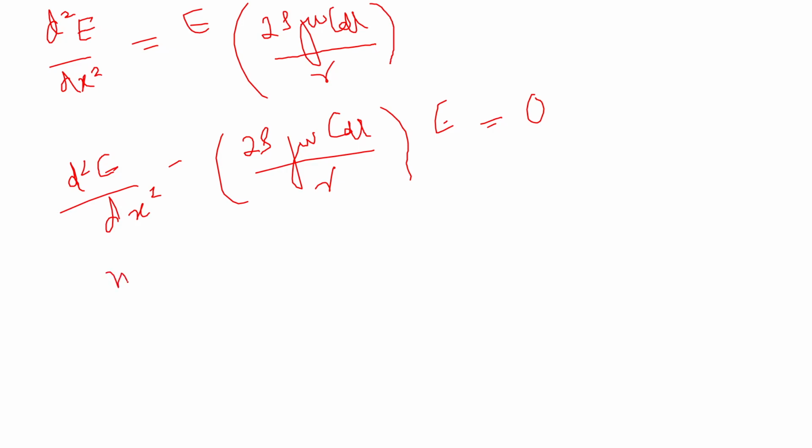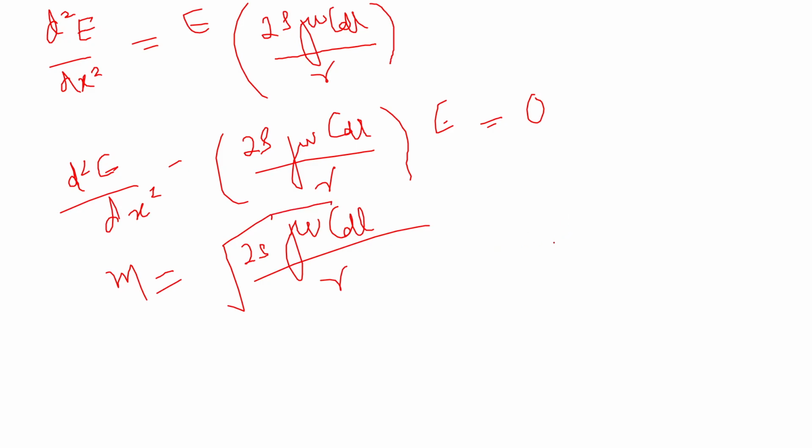Here the m value will be nothing but 2 rho j omega c dl by r, and your solution will be of the form E equal to c1 e raised to power mx plus c2 e to the power minus mx.